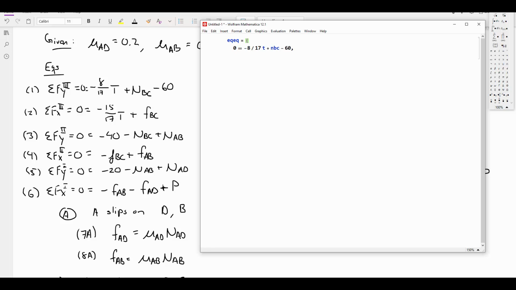Notice here I am using lowercase for everything that I am defining, because Mathematica uses uppercase for its reserved or built-in functions and variables, and lowercase are for us to use to build our own. Equation 2, negative 15/17 t plus FBC.